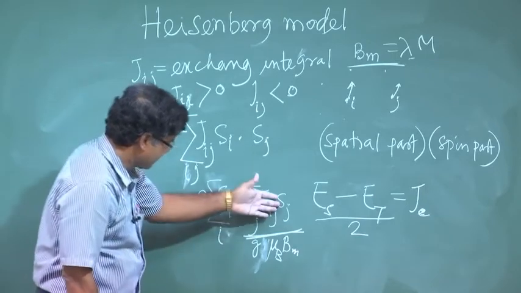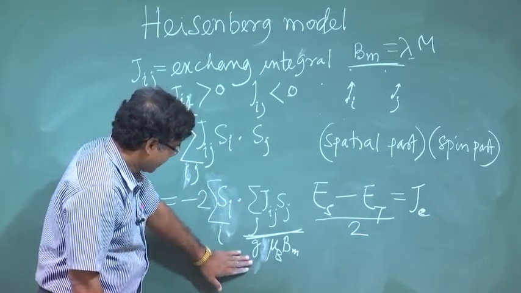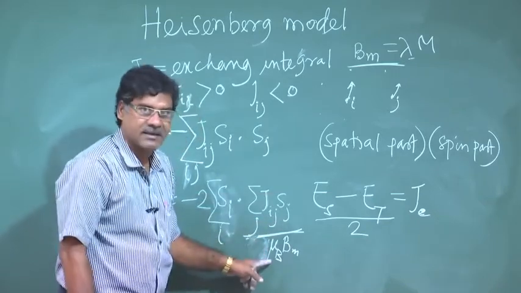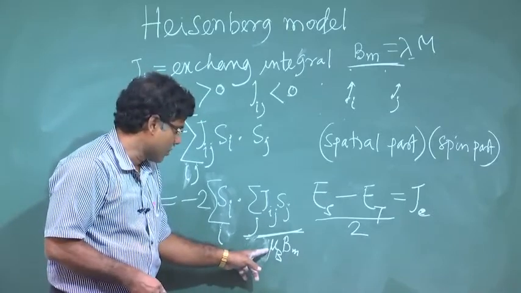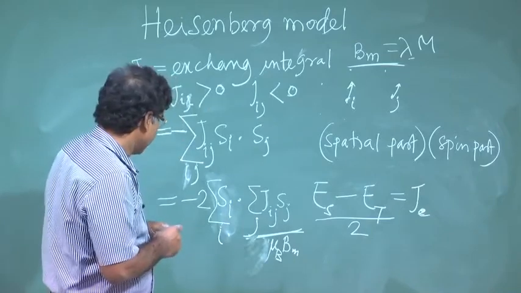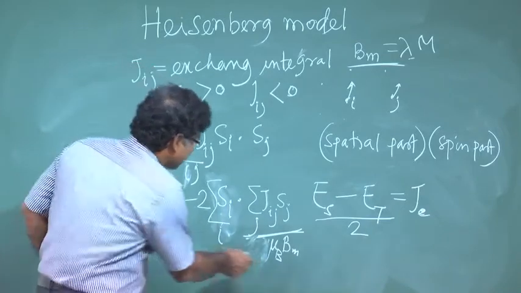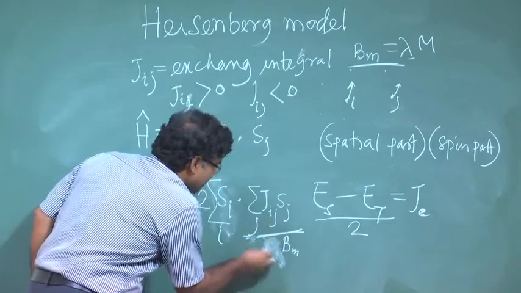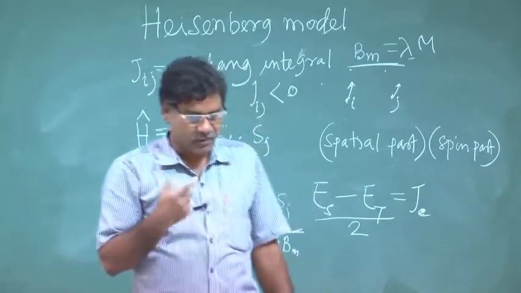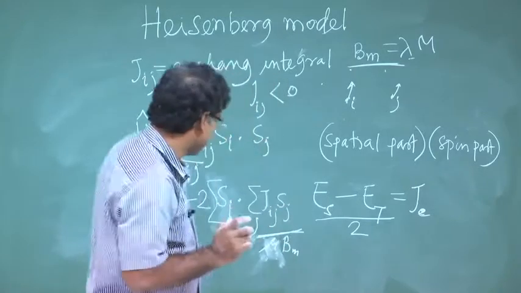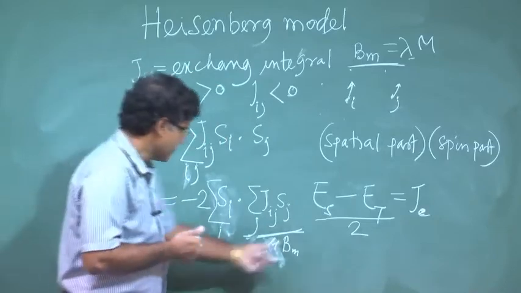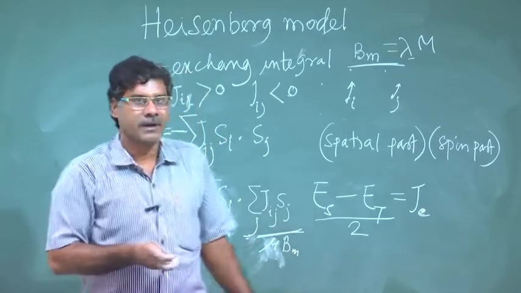For that spin, the energy will be, if it is spin, its moment is mu V. So mu V Bm I can write, or just simply mu, whether it is mu J or mu S or mu L, whatever. That is the magnetic moment dot B, which will give you the energy.